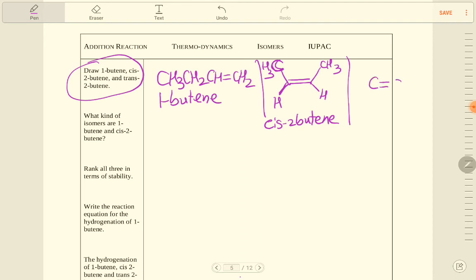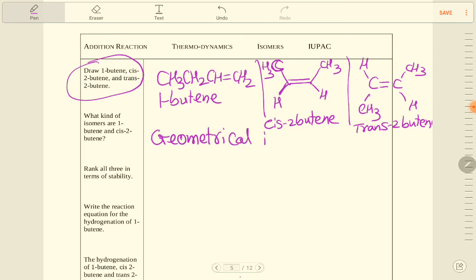So we have CH3 here, CH3 here, a 4-carbon chain with a double bond, so that's why it's a 2-butene, but this is trans-2-butene. All right. Now, what kind of isomers are 1-butene and cis-2-butene? They are geometrical isomers, right?